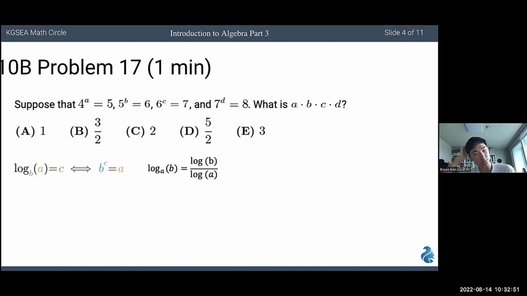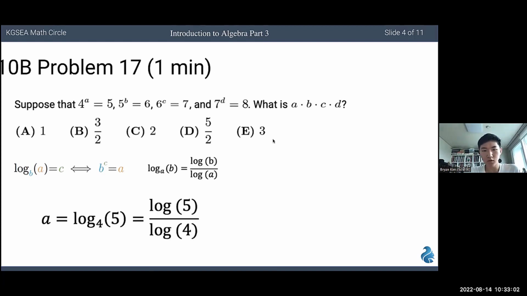Okay, now that the 1 minute has passed, I'll go over how you should approach this problem.